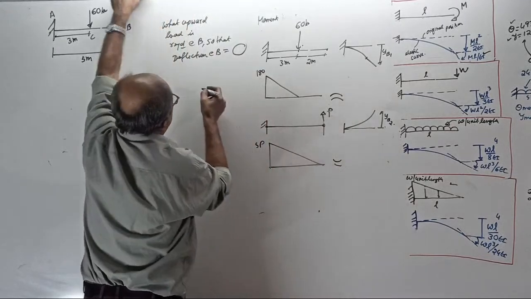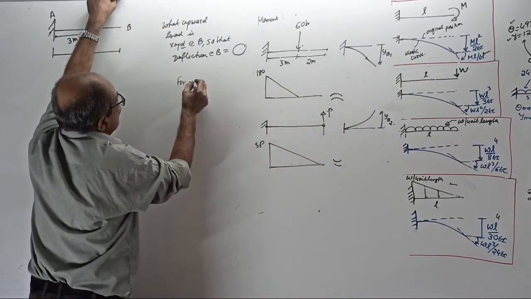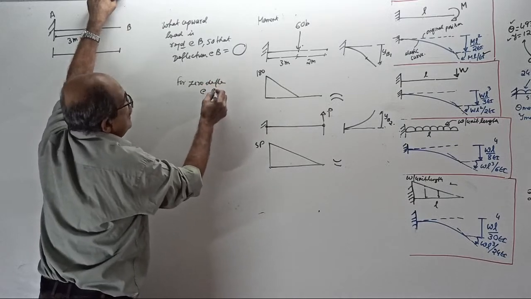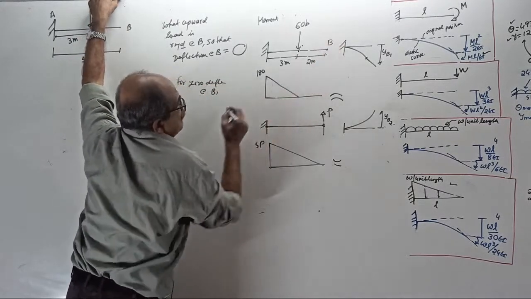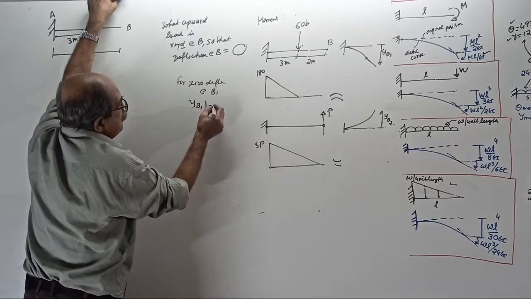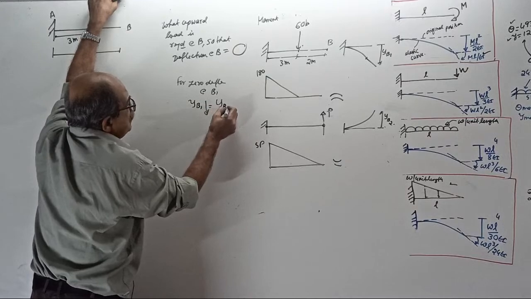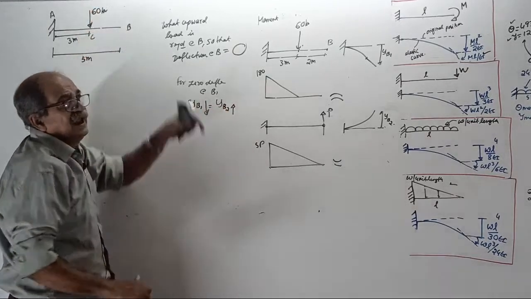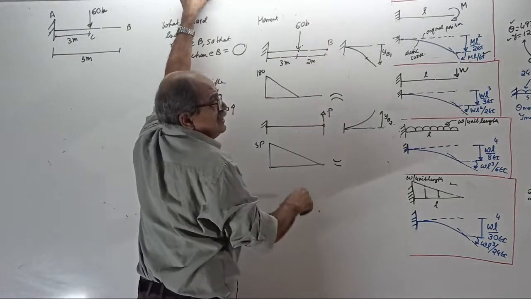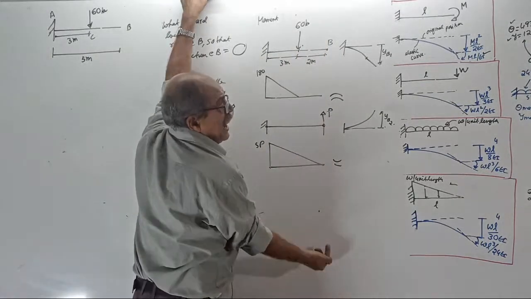Now, for zero deflection at B, your YB1 down should be equal to YB2 up. Clear? How much the 60 kN pushes it down, that much should be the upward deflection.